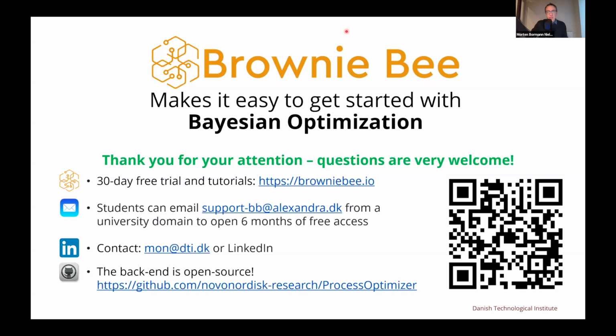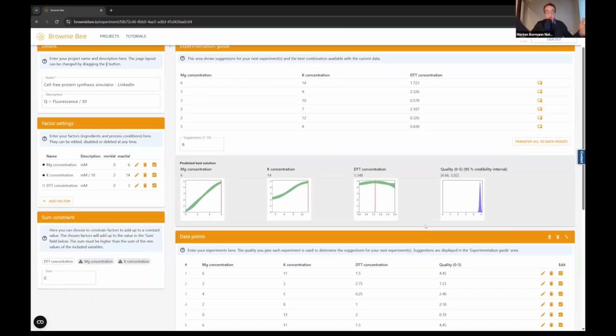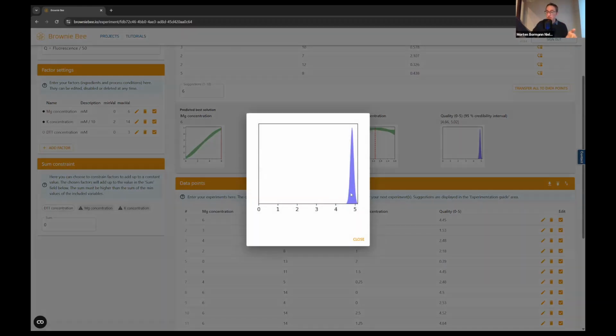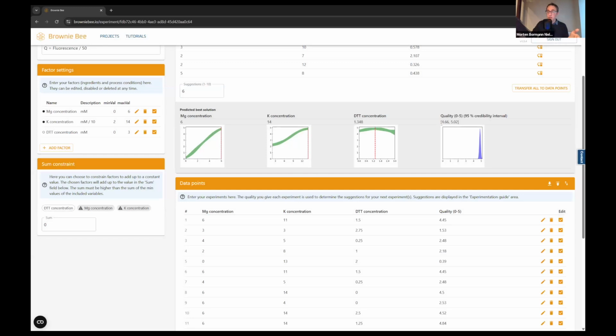I would say it depends on how well you know your measurement system. If you have extensive experience with measuring whatever property of your product you're putting into this quality number, say if you measure the strength of a plastic as you pull it apart, and you have extensive experience with how variable this number is, then you can relate it directly to this histogram at the end of Brownie B, where this interval is the average quality plus minus two sigma, two standard deviations of the data that it's inferred from your results.